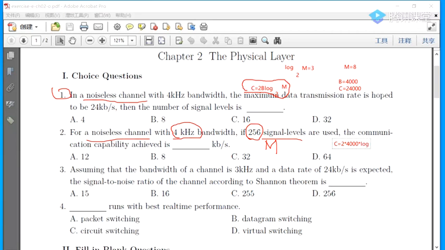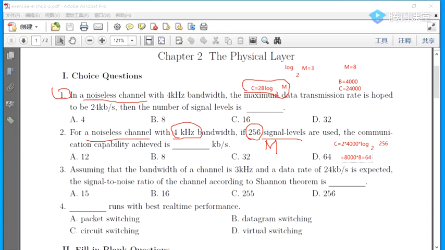Then log 2 of 256. So the capacity is 2 times 4 equals 8,000, and the log is 8.